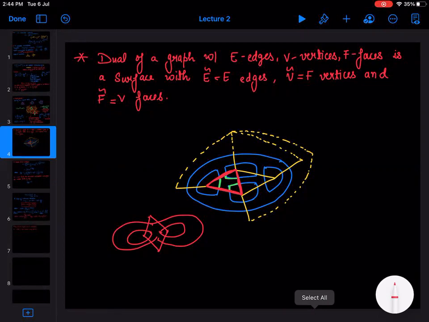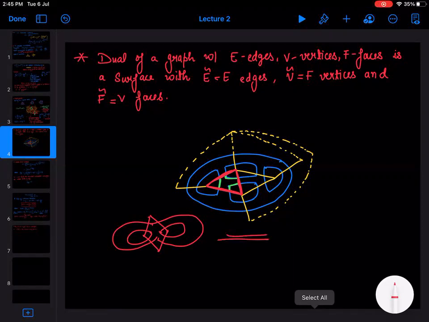If you start with a graph which has E edges, V vertices, and F faces, then your dual graph will have the same number of edges, but the number of faces and vertices is flipped. So if you initially had F faces, in the dual graph you'll have F vertices. And if you had V vertices earlier, now you'll have V faces. This is one of the examples, and I will leave it as an exercise to figure out that this is a correct dual graph, and you can do all the countings to make sure of that.